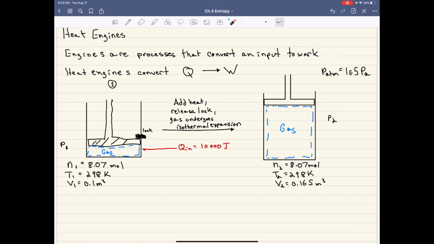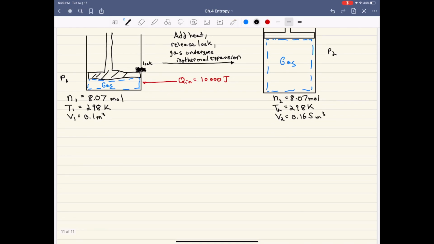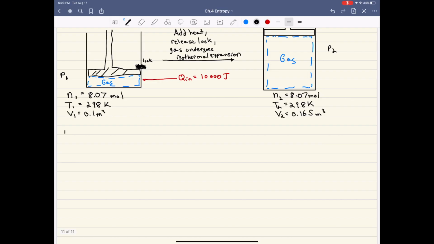So first, let's consider the reversible process. If we begin with an energy balance, we have a closed system, and we're going to write the differential form of the energy balance.